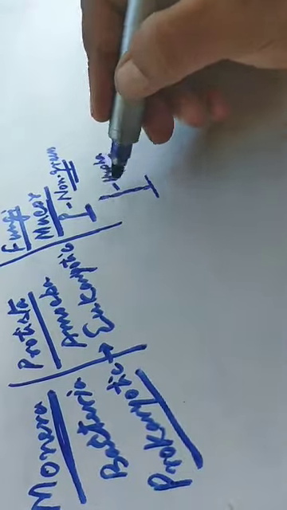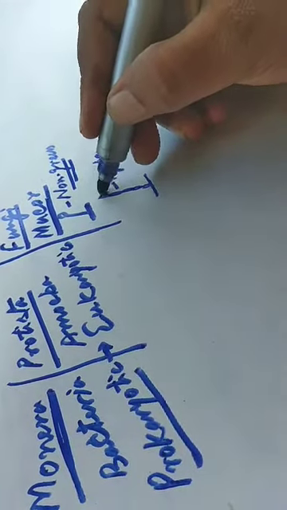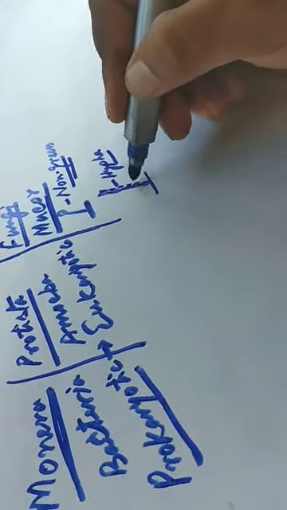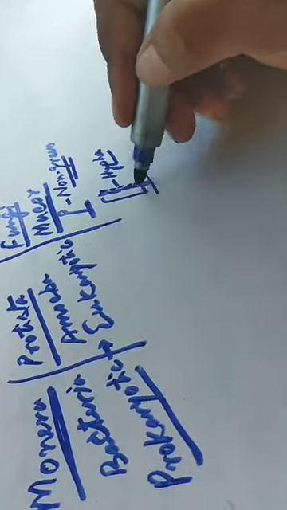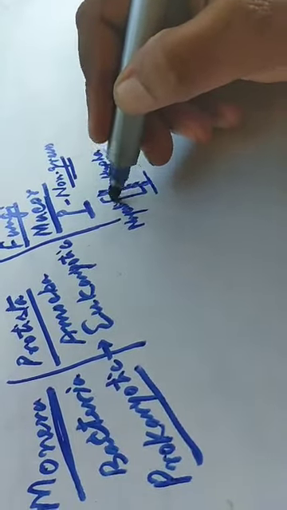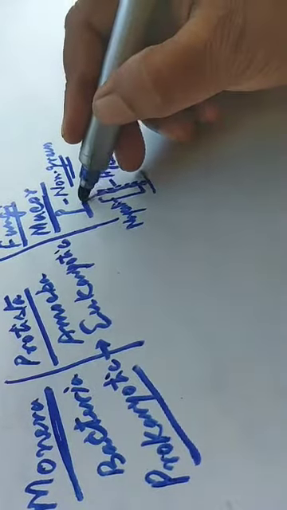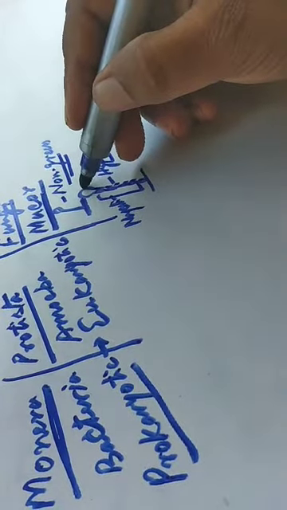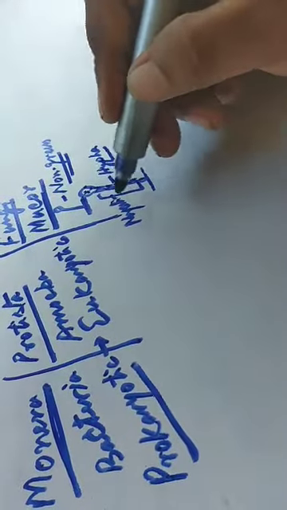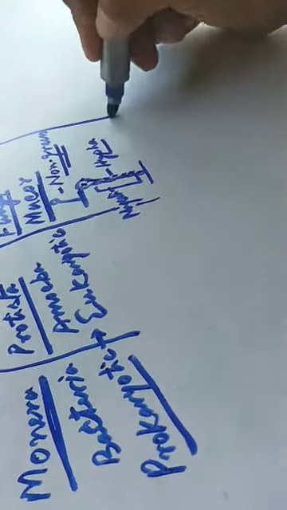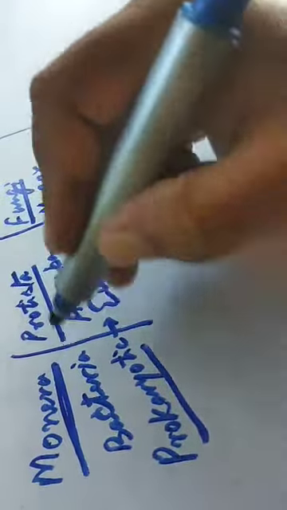And so many hyphae of this kind made a bundle, and this resulting structure, this bundle, is known as mycelium. Do you remember? And at the top they have a fruiting body, that is the sporangiophore, and inside this sporangia or spores were present. Spores are nothing but a structure similar to a seed. So we have read about 3.